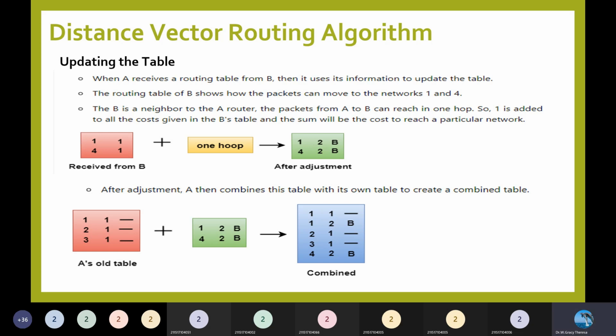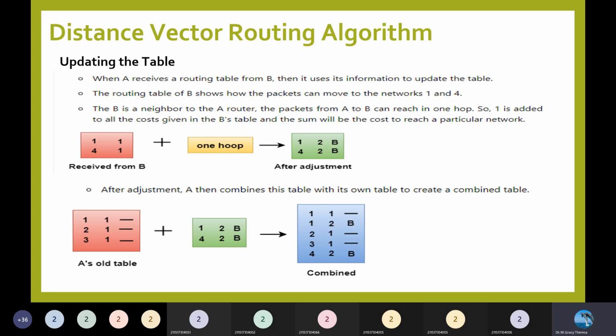Upon node A, if it wants to reach network ID 3, the cost is only 1. Since that is not there in B, it is also left out as 3, 1 dash. But the fourth one is a new entry, right? So that new entry is updated in the table.